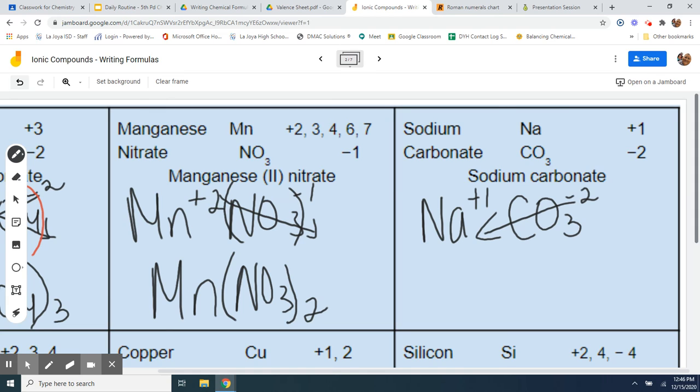If I cross it down, what is my formula? Try and type it out. So you're supposed to write Na. What number crossed down? 2. I don't need to protect the poly, and that's my final answer.